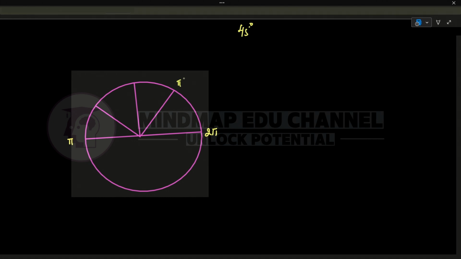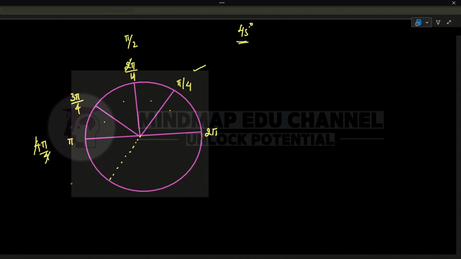Now pi by 4. Why 4? So according to 45 degrees, we are dividing the semicircle into 1, 2, 3, 4 parts. So pi by 4, here it will be 2 pi by 4, and so it becomes pi by 2. So here it will be 3 pi by 4, 4 pi by 4.